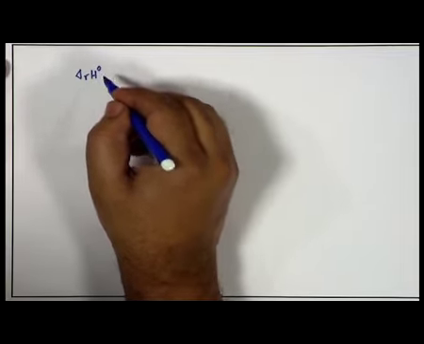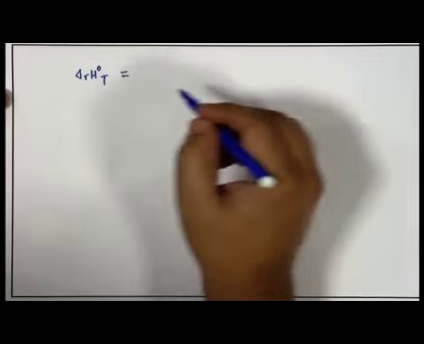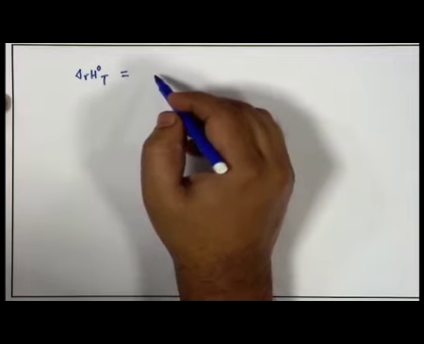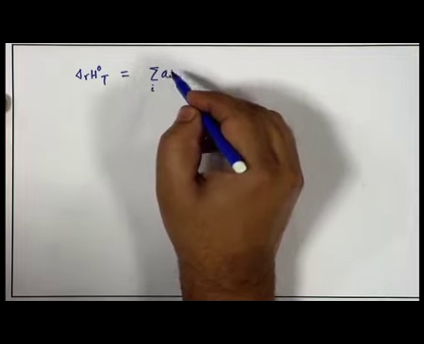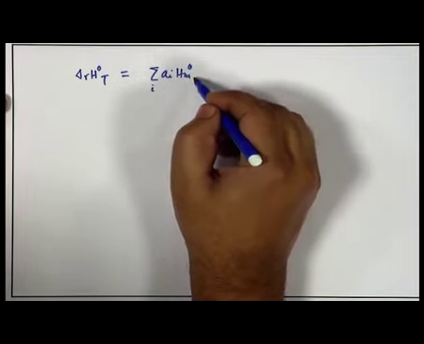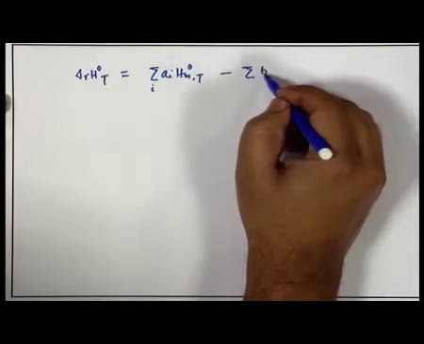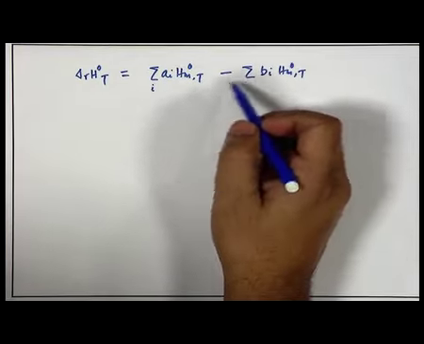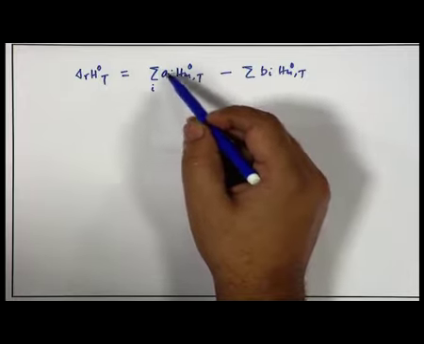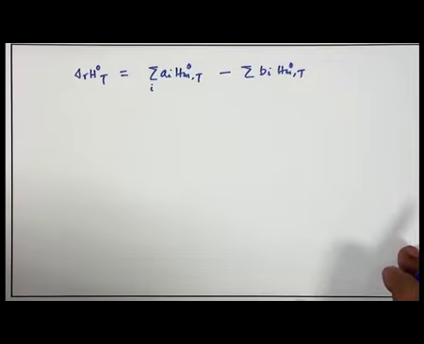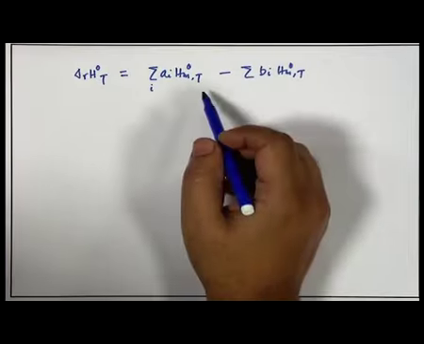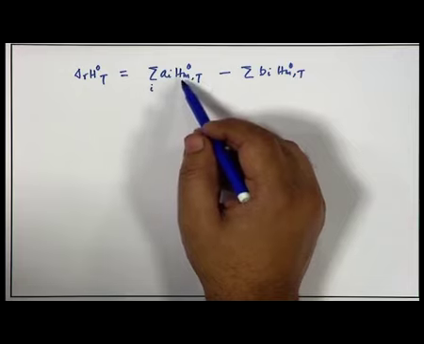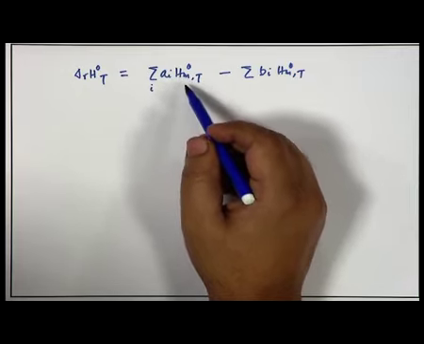Remember, we talked about the enthalpy of reaction, which is given by delta_r H naught at temperature T, which is given by the sum of a_i H_m naught at T minus the sum of b_i H_m naught at T. Here a_i and b_i are the stoichiometric coefficients for products and reactants in the balanced chemical equation, and H_m naught are the standard molar enthalpies for each substance.